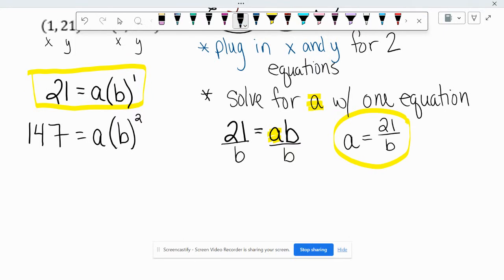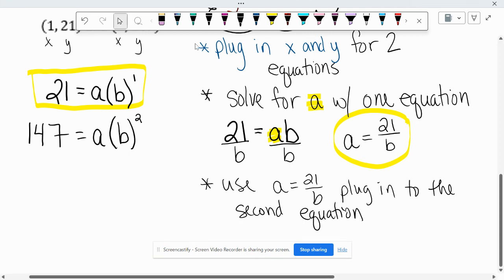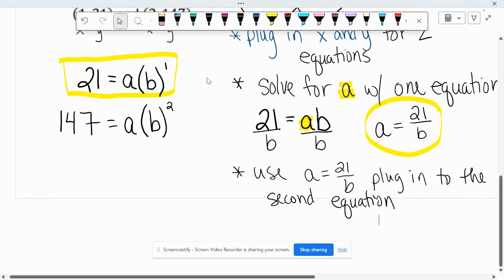So just like a system, I'm going to take my second equation and I'm going to use A equals 21 over B, and I'm going to plug it into the second equation. You thought systems only worked for linear functions, right? So let's look at our second equation.